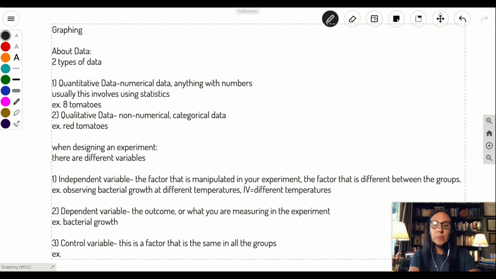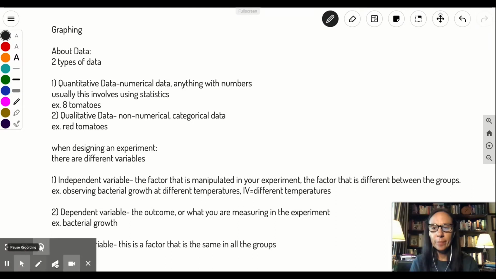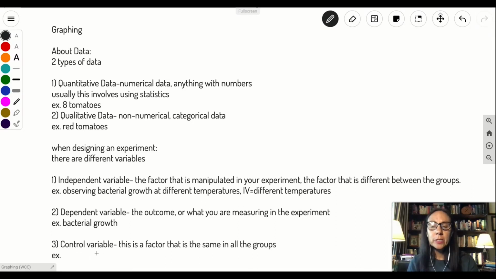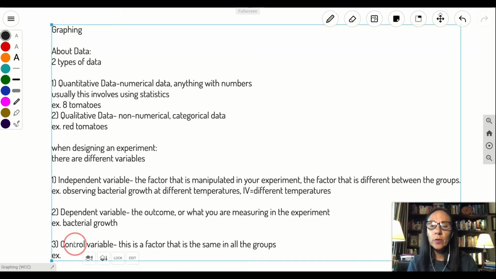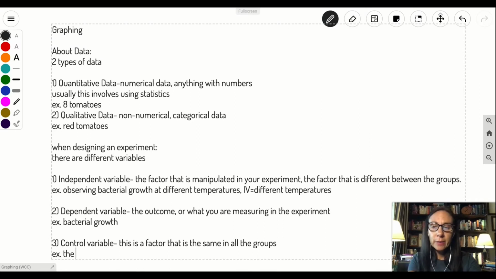So in our experiment with the bacterial growth, the control variable would be, for example, the type of petri dish that we're growing the bacteria in, or the room, the science room, or the nutrient material that you're giving the bacteria, which is the food for the bacteria.